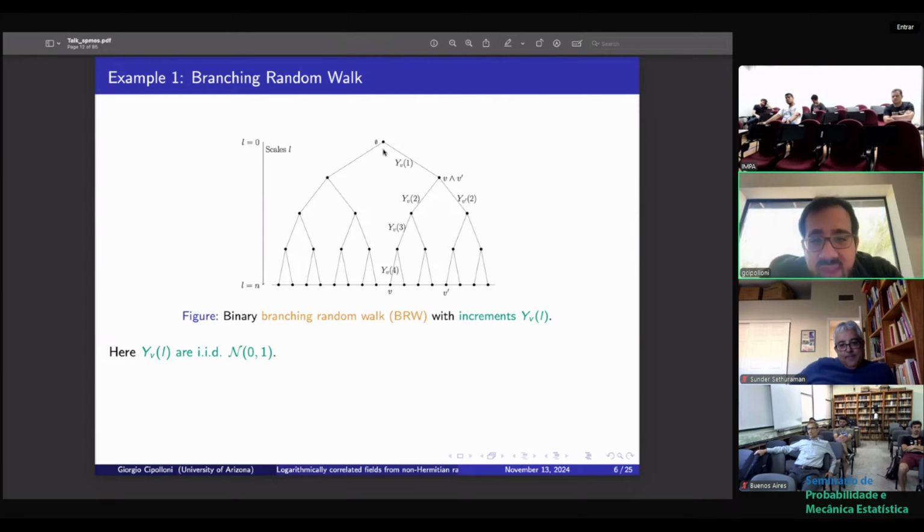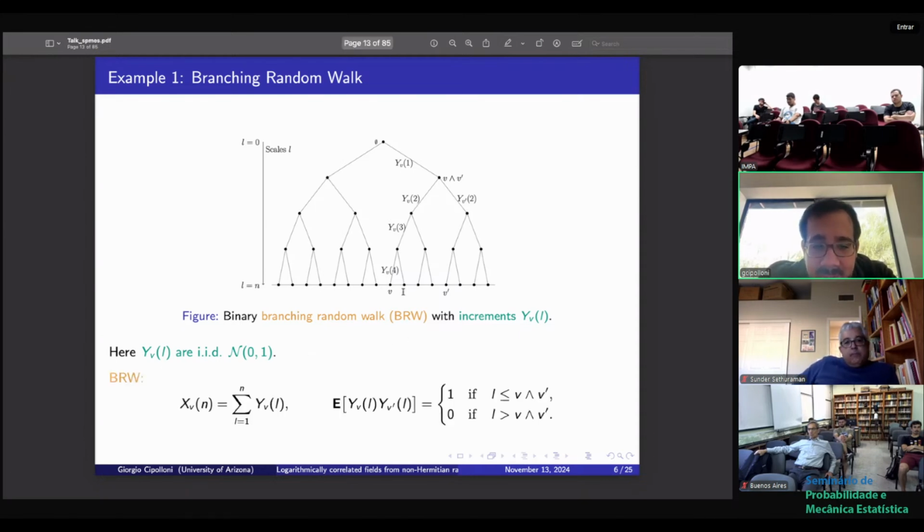Okay, so maybe the simplest example is to consider a branching random walk on a binary tree. On each of these edges, we have a standard real Gaussian random variable, denoted by Y. Our field X is going to be the sum of all these increments.